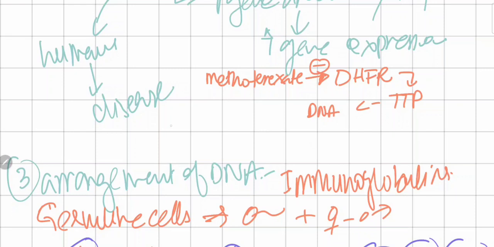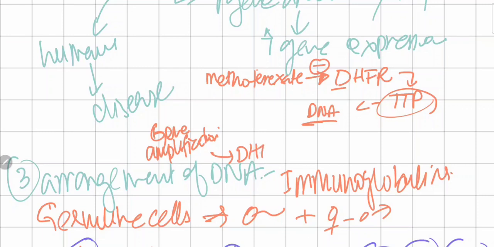So what will the cell do? Because we need to make more DNA and we don't have thymidine, and we are giving methotrexate, and DHFR is being inhibited, there will be gene amplification for DHFR genes, and then we will increase TTP.